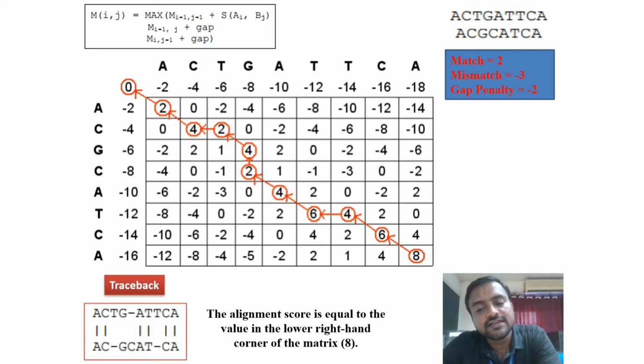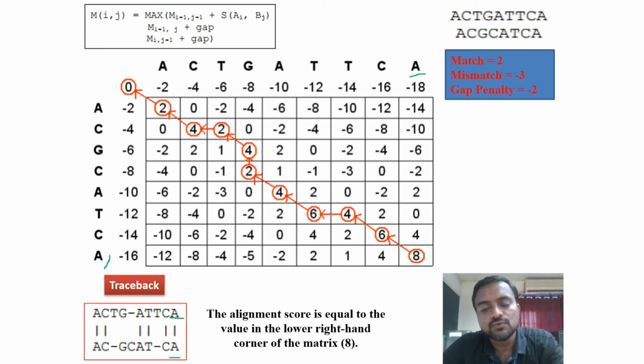If it is a diagonal, we are going to place the characters of the intersecting cells under each other. So in the I sequence, what do we have? A, and in the J sequence, what do we have? A again. The sequence on the top is I, and the sequence on the bottom is J. So A here is aligned with A.